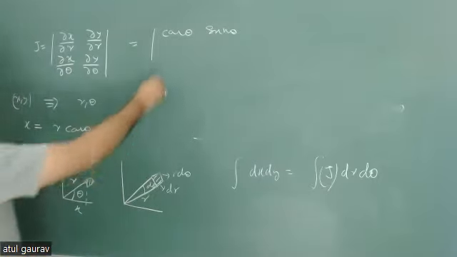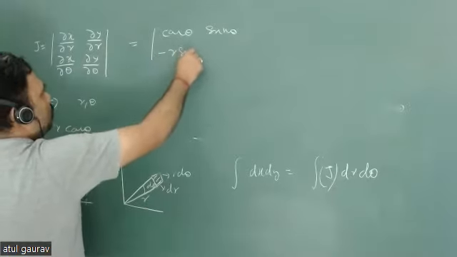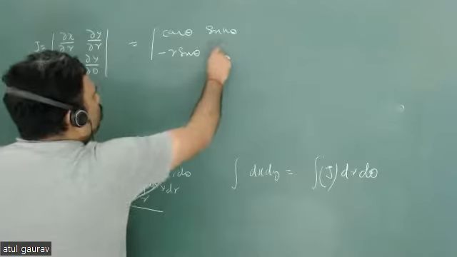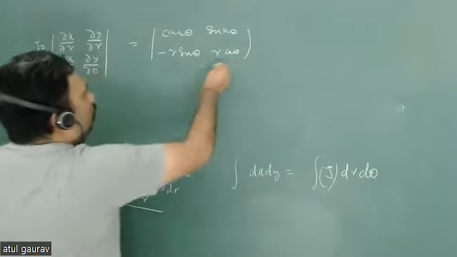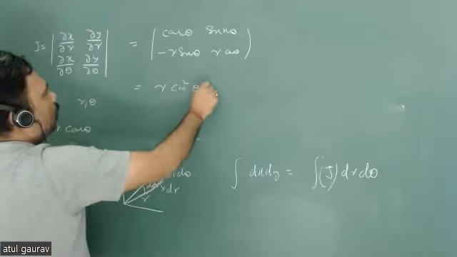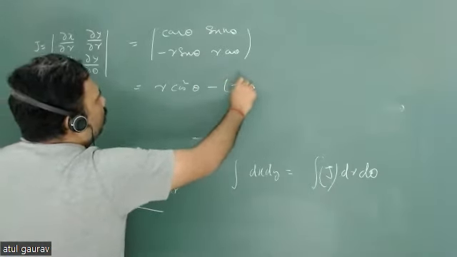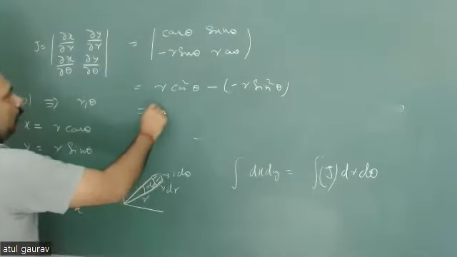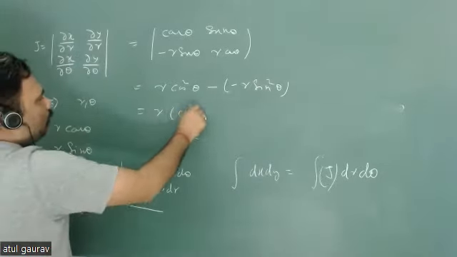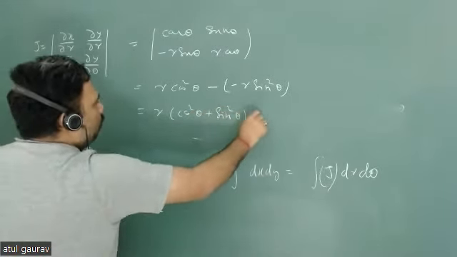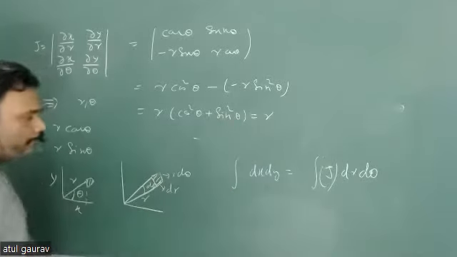Minus r sin theta. Del y upon del theta? r cos theta. And if you calculate it, r cos square theta minus minus r sin square theta, and this will be r times cos square theta plus sin square theta, and that value is equal to r.